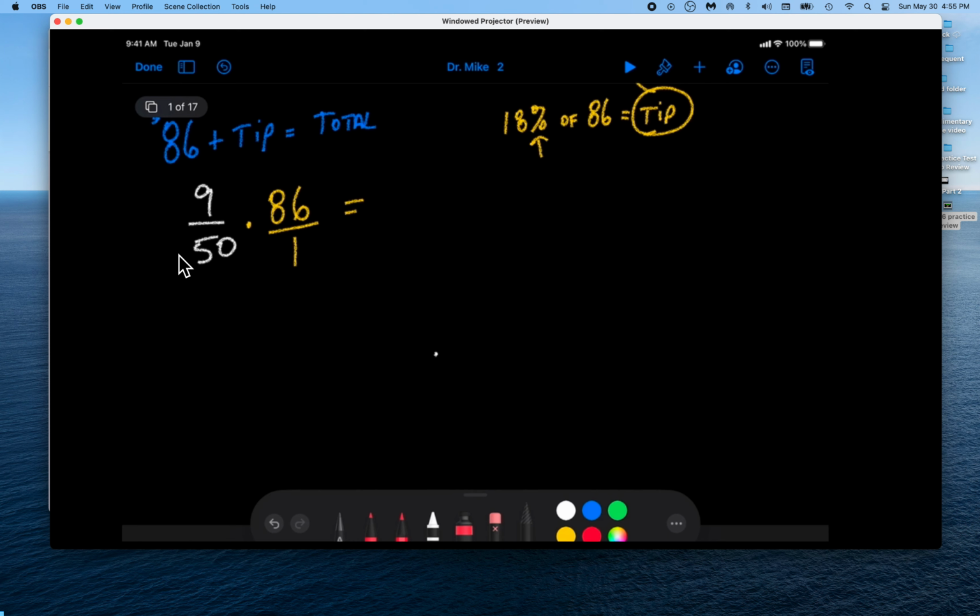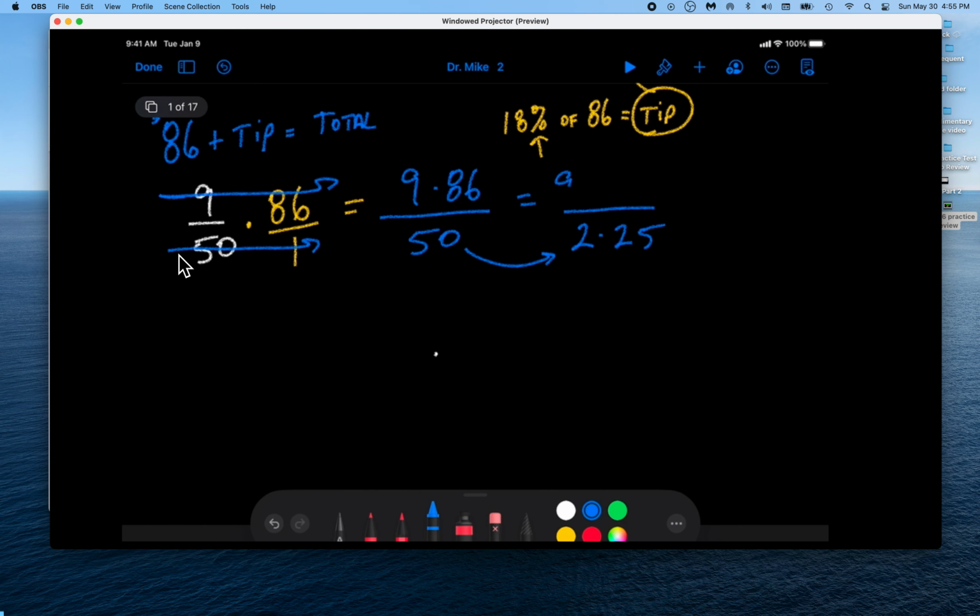If we multiply straight across, we have 9 times 86 over 50. I'm going to rewrite 50 as 2 times 25, and I'm going to rewrite 86 as 2 times 43.